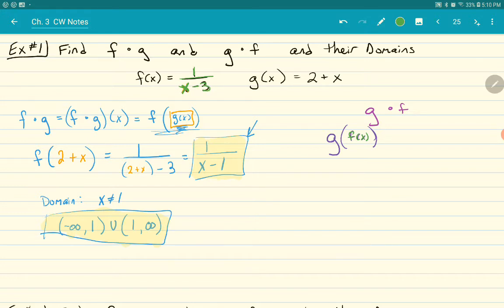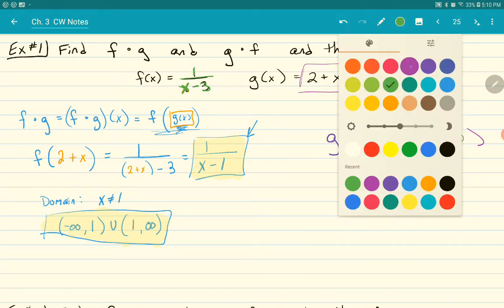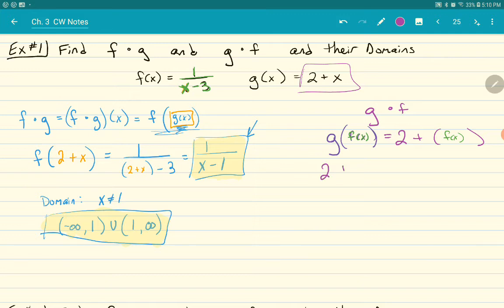So that's my input. So when I write g, this is g, so I have 2 plus the input. And the input is f of x. So when I write that, I get 2 plus, and f of x is 1 over x minus 3.